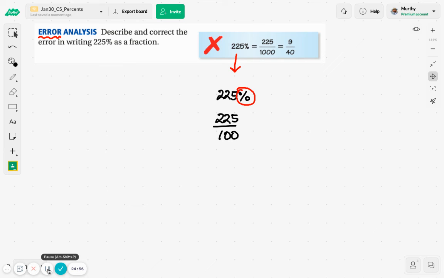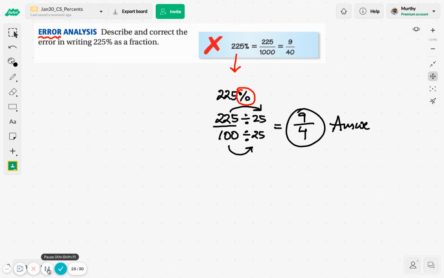Then 225 divided by 100: if I have quarters in my pocket, that's the easiest way to learn the 25 table. 100 divided by 25, how many quarters make 100? That is 4. In the same way, how many quarters make 225? You can compute and say 9 over 4. This is the final answer.